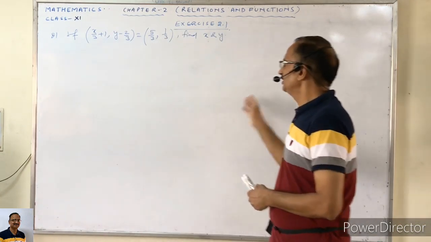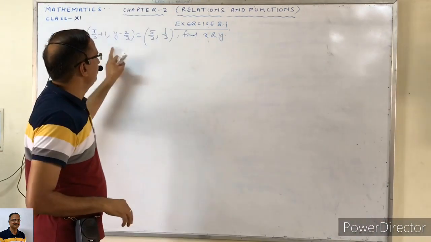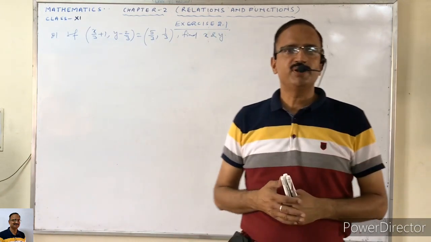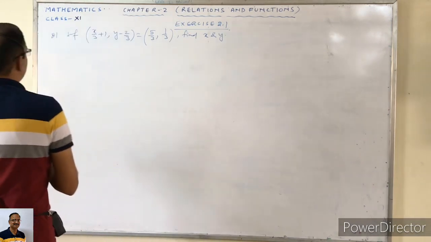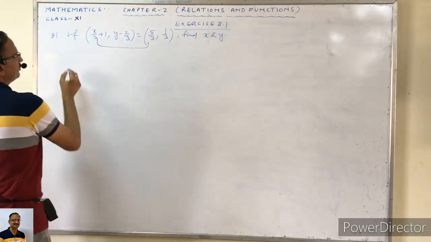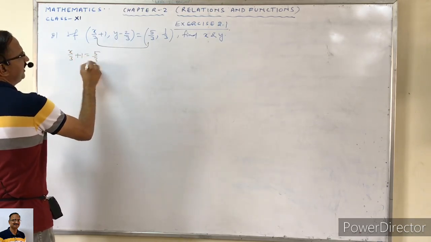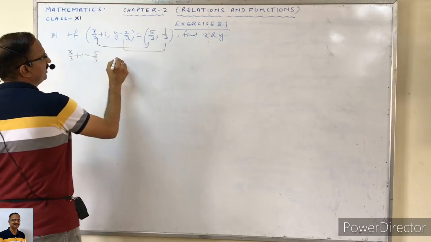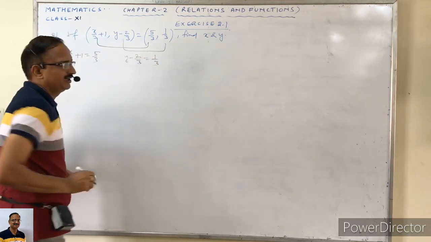As we have seen in the note and the example, these two pairs are equal if and only if their corresponding elements are equal. It means the first element must be equal to the first element. So we can say x/3 + 1 equals 5/3, and the second element must be equal to the second element, so y - 2/3 equals 1/3.